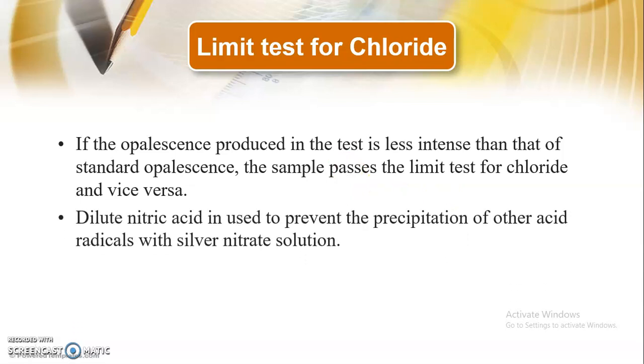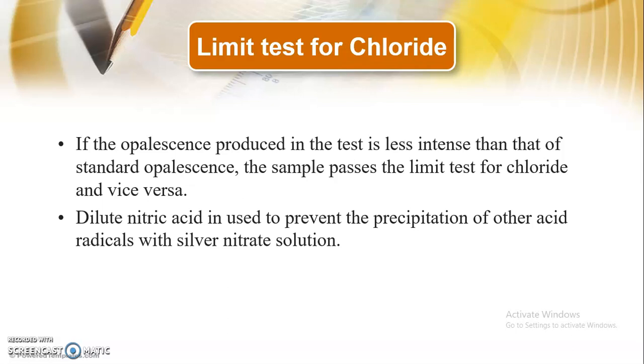Dilute nitric acid is used to prevent the precipitation of other acid radicals with silver nitrate. Other acidic radicals are also capable of reacting with the silver nitrate, which may enhance the opalescence. So, we use dilute nitric acid to avoid this side reaction.